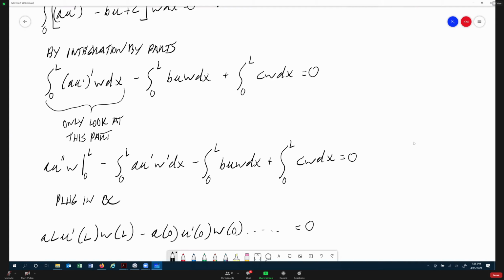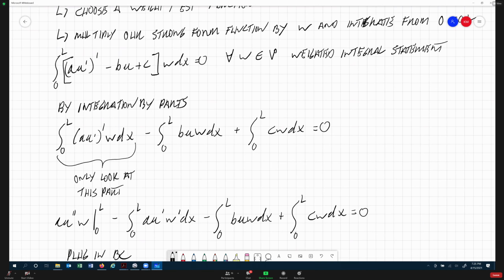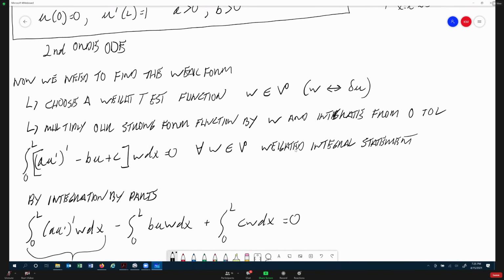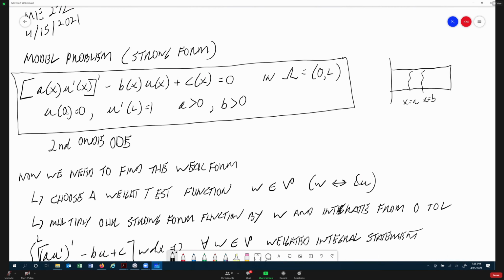Yep, done. Thanks. Okay. So we've got a U prime of L right here, right? And then over here I have a U prime of 0. So let's check what my original boundary conditions were. So we said u of 0 is equal to 0, and u prime of L is equal to 1. Okay.